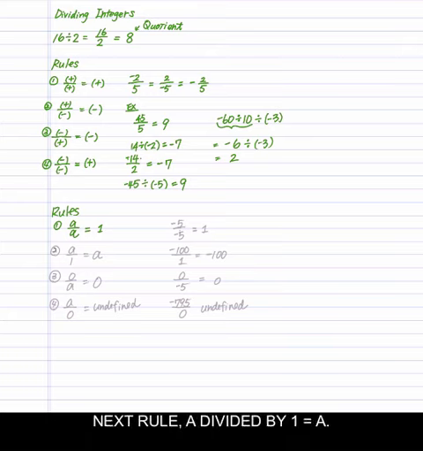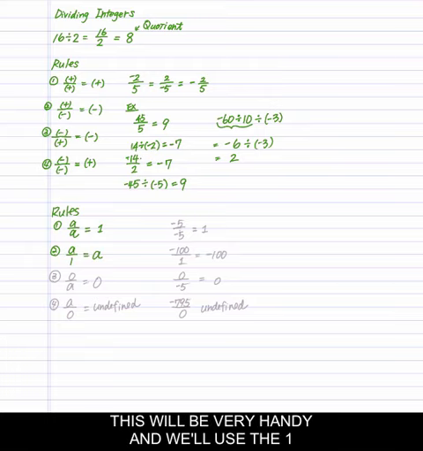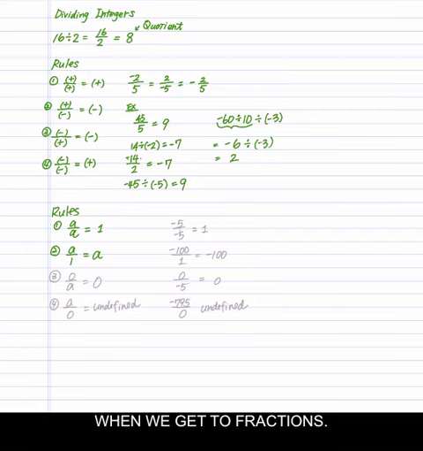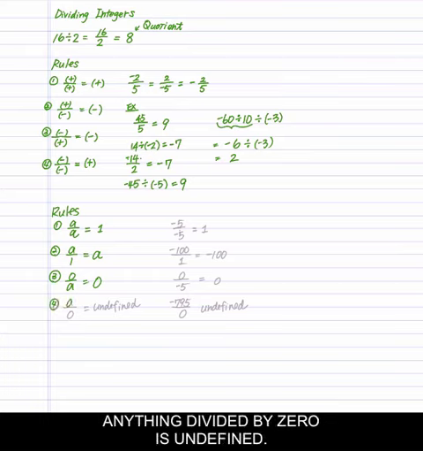Next rule, A divided by 1 is equal to A. This will be very handy, and we'll use the 1 when we get to fractions. Third rule, 0 divided by A is equal to 0. Last rule is the weird one. Anything divided by 0 is undefined.